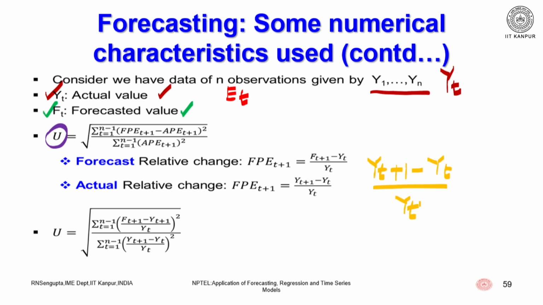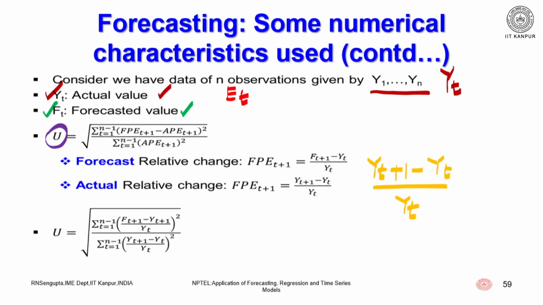That gives you the percent or decimal change in the actual value with itself. It has nothing to do with the error or the forecasted value. We are taking the actual values, so you are trying to find the change in decimal terms about the actual value, which is yt today; next day it is yt plus 1, and based on that we find the ratio.